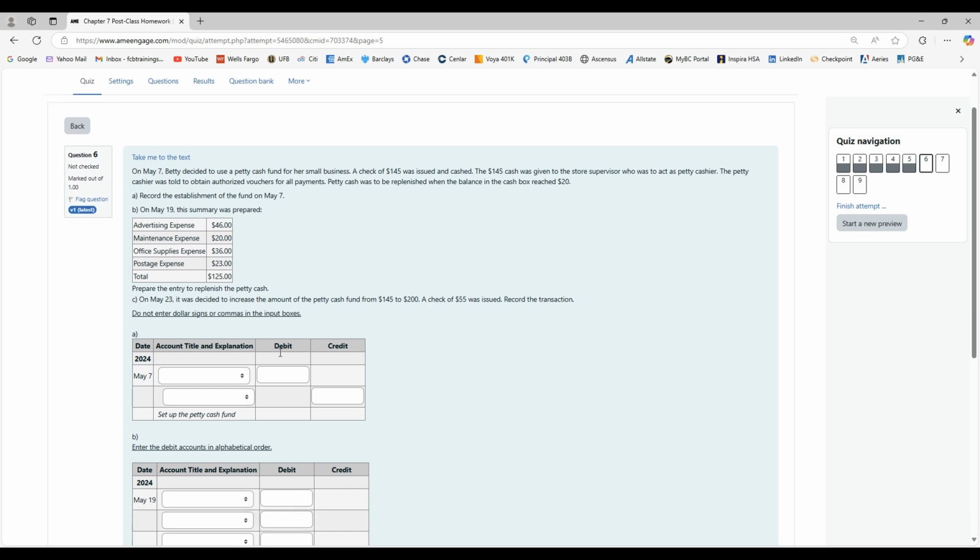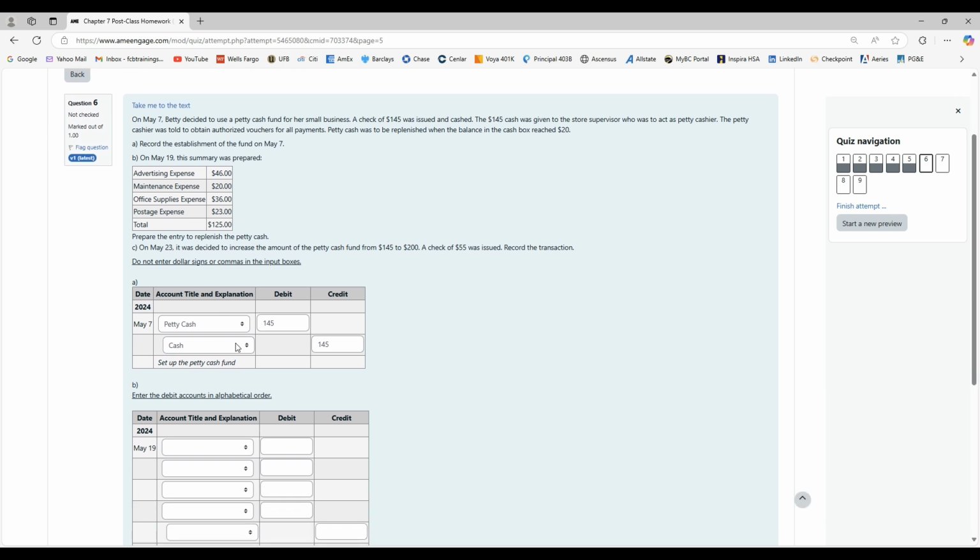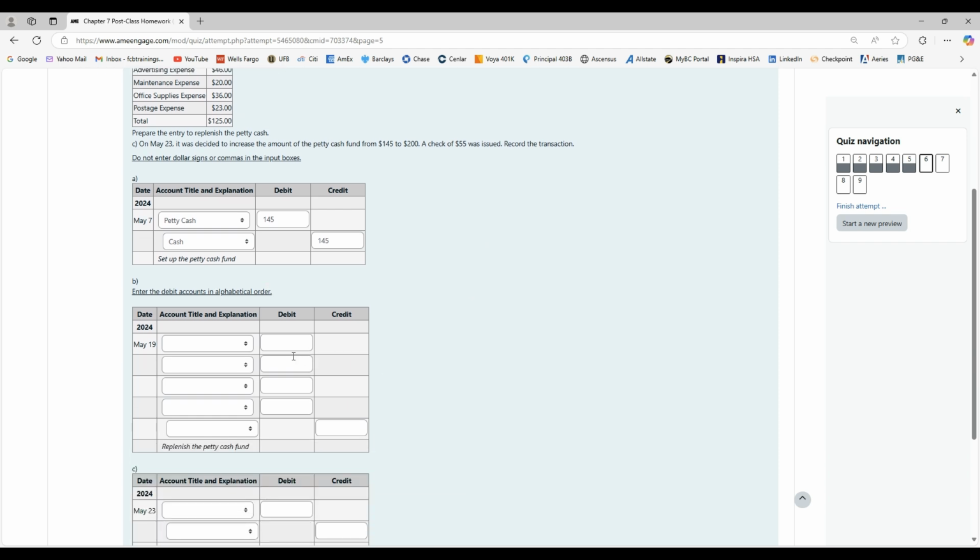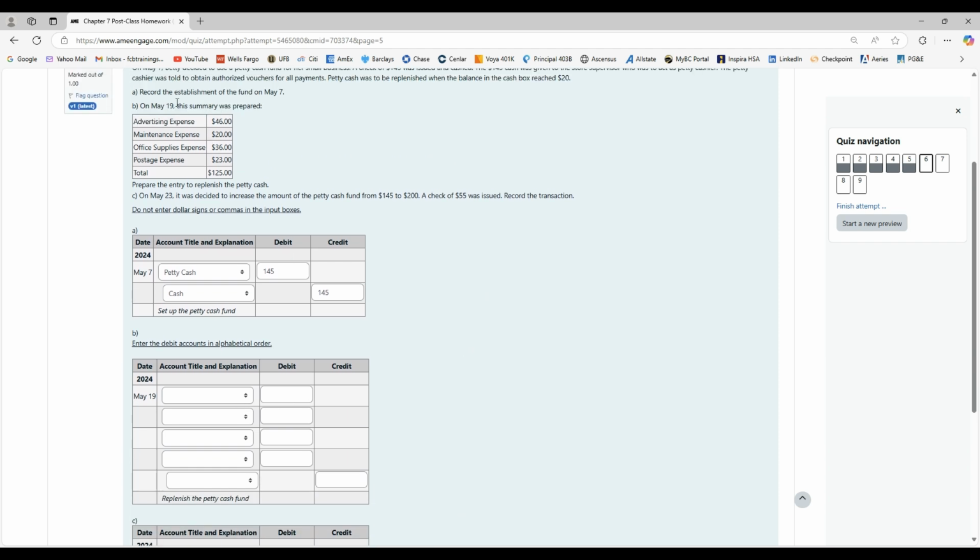And okay, so the first thing is just setting up the fund, and that's really just taking the cash from our primary cash account of 145 and then putting it into this petty cash fund. So just moving one asset to another asset account. And then, okay, so then on May 19th, the summary was prepared, and we're going to need to replenish our cash amount.